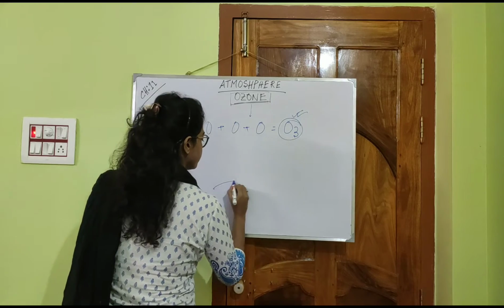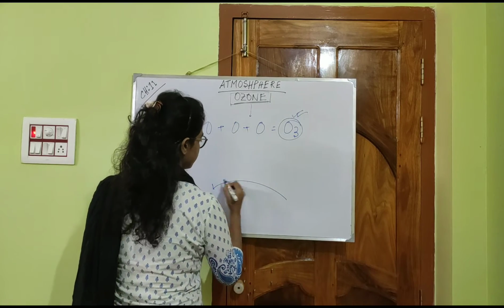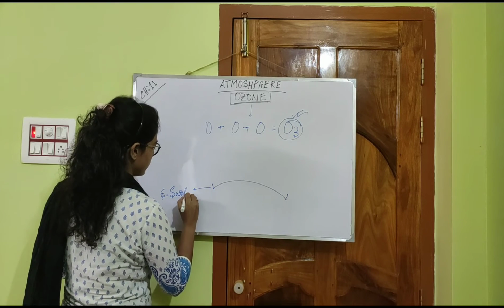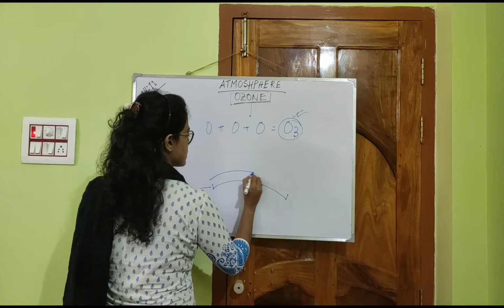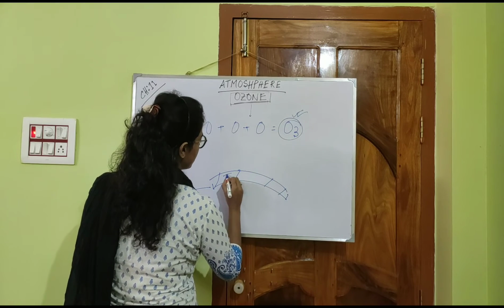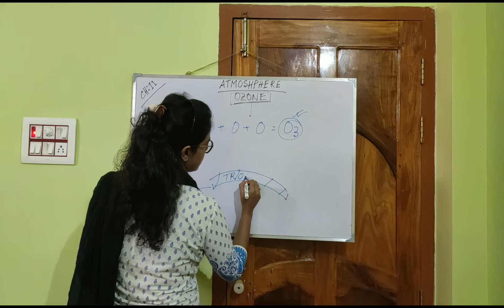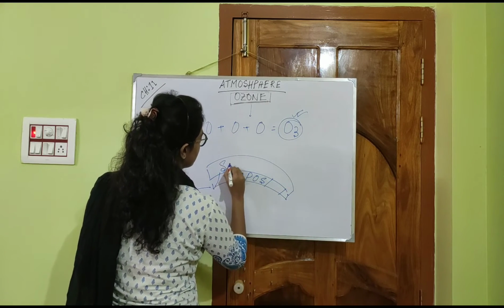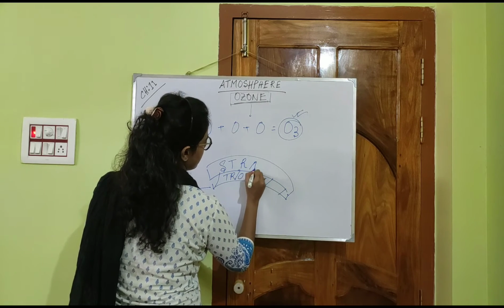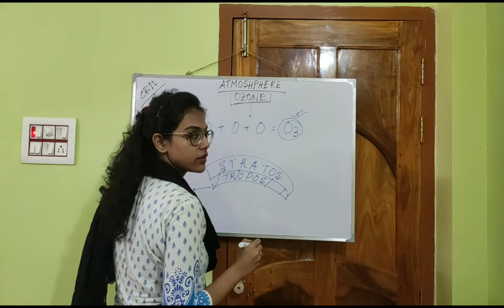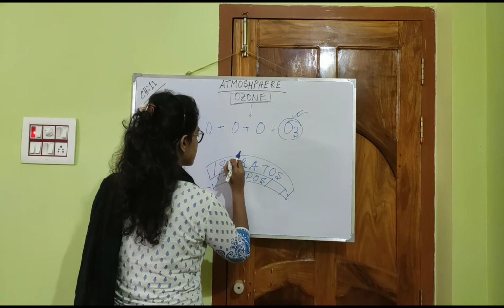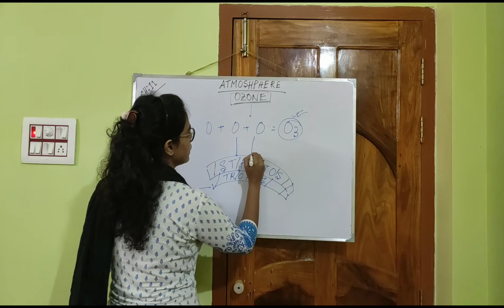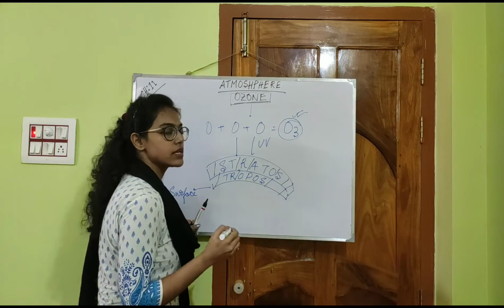So that is our earth surface. This is the troposphere. And this is the stratosphere. In the stratosphere, firstly the UV ray is absorbed.